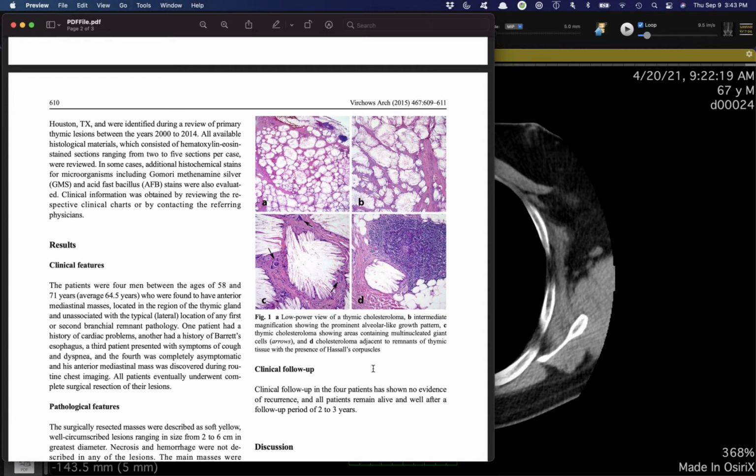So if I understand this correctly, the cholesterol clefts just indicate there has been something there that's produced a granulomatous response, and it's associated with cholesterol clefts. And maybe they shouldn't really put the cholesterol in there in that sense. They should call it something else. Yeah, I don't know.